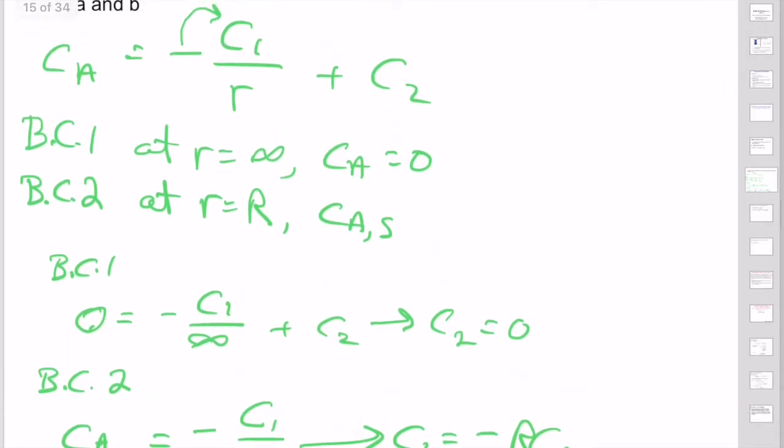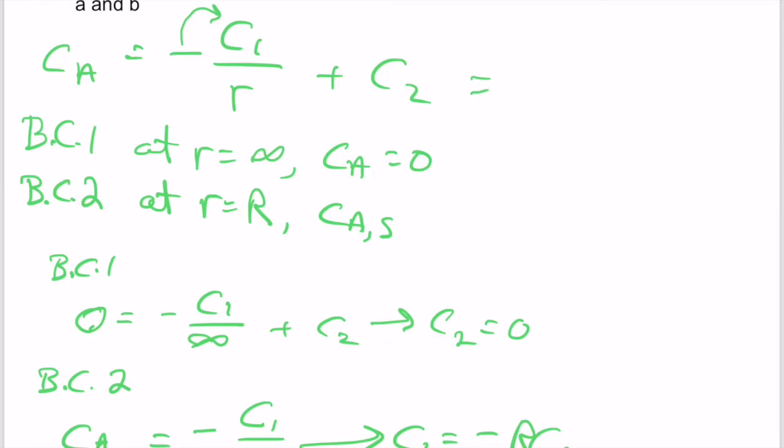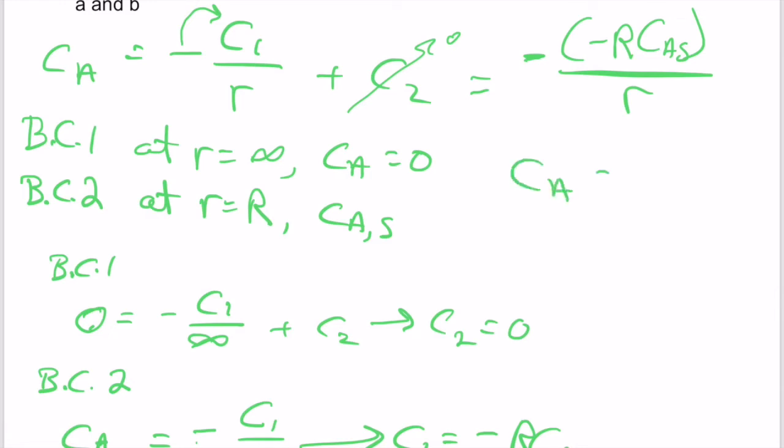CA is equal to, C2 is 0, and I've got minus C1, which is minus R CAS, over R. And we can have the minus signs cancel each other out. Yeah, that's right. Okay, so CA is equal to CA at the surface times big R over little r.